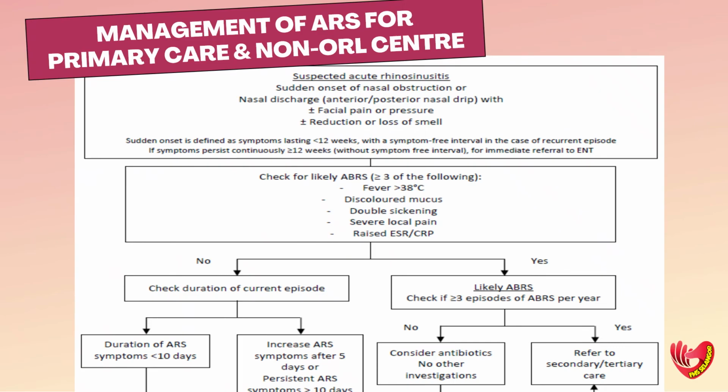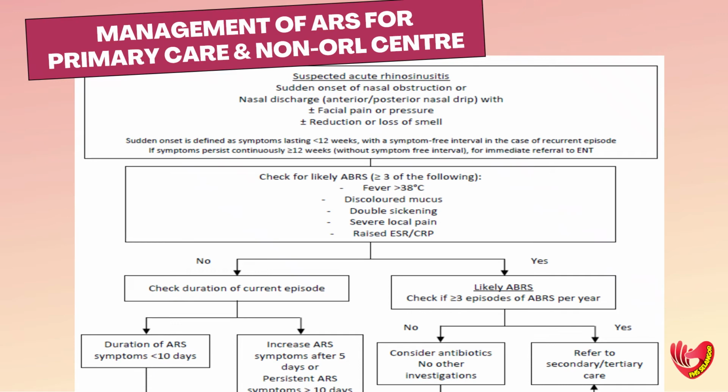Let's discuss in detail the management of acute rhinosinusitis in primary care settings. Acute rhinosinusitis requires at least two symptoms, one being nasal obstruction or purulent greenish nasal discharge, with or without facial pain, headache, or smell disturbance.